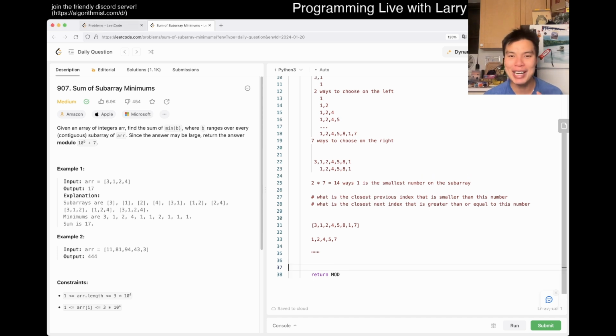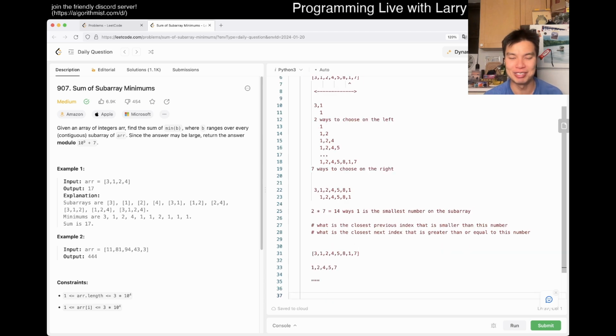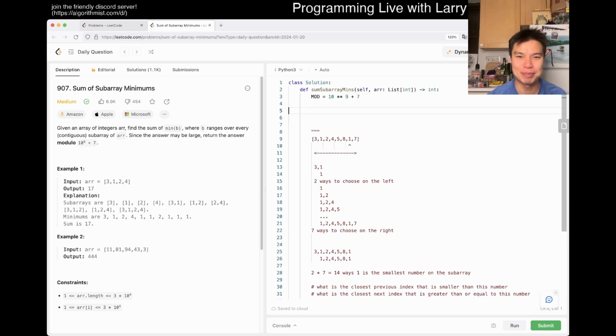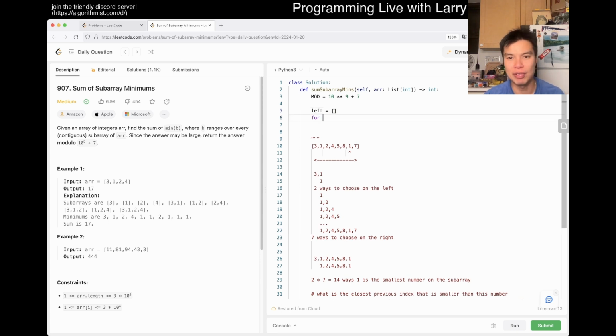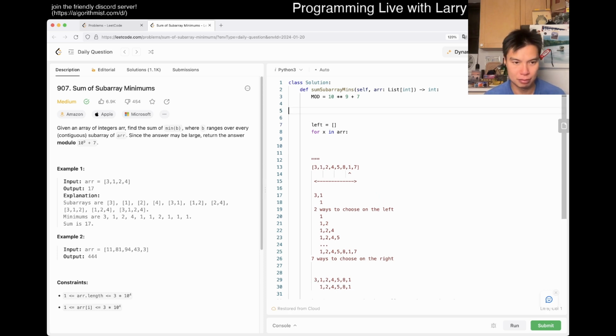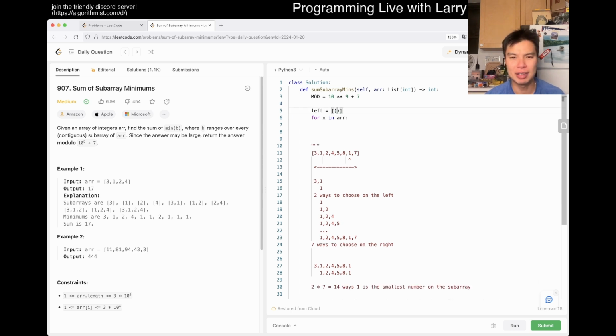We've talked 20 minutes going from 0 to this, so now it's time to finally code this up, right? So okay, let's just say we have left is equal to right? So now for x in array, maybe we can define this as infinity and then a -1 maybe?